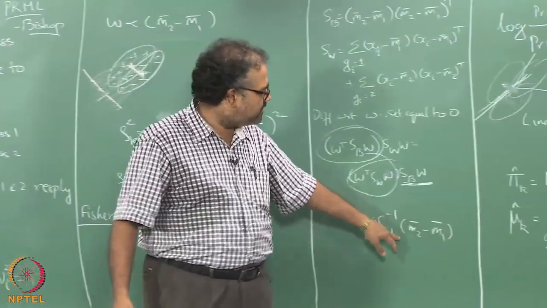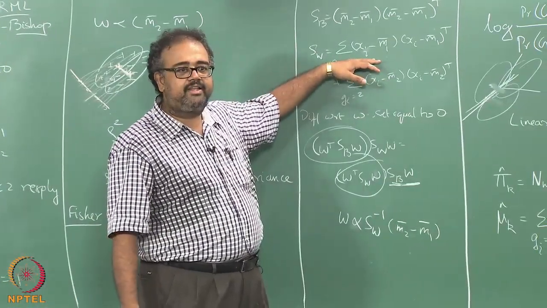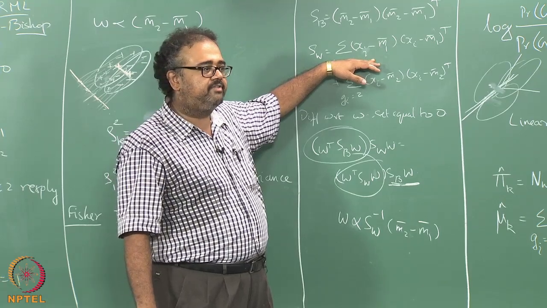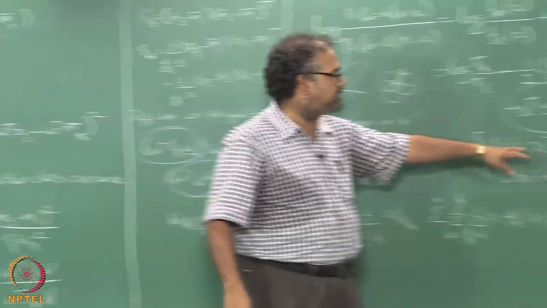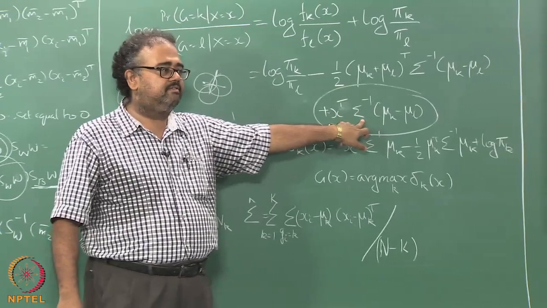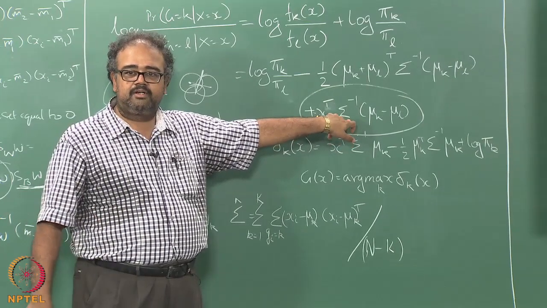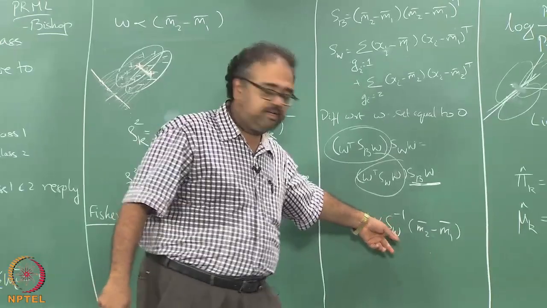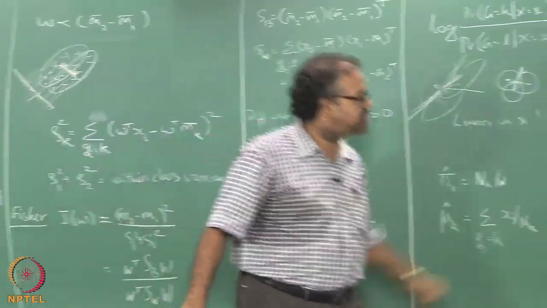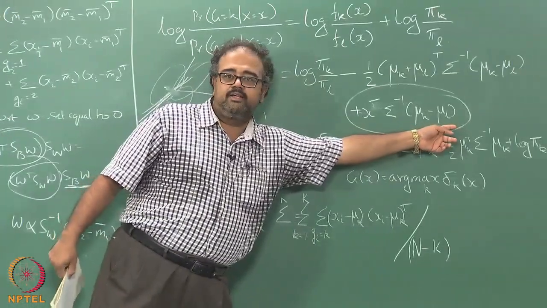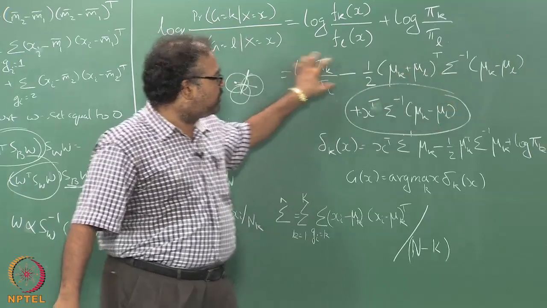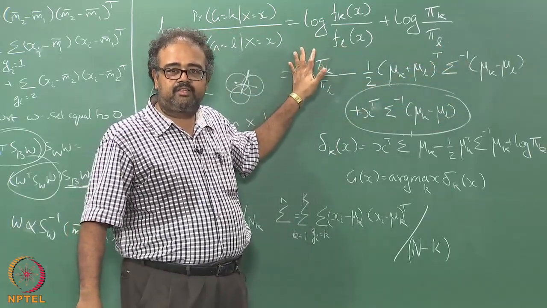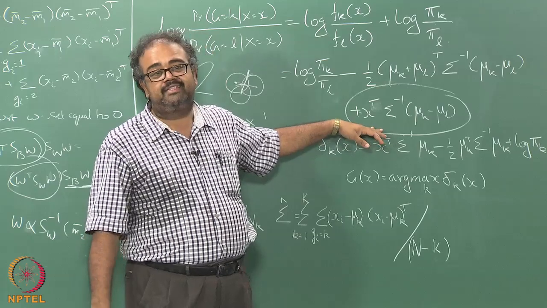SW inverse is just taking the variance in the data, the within class variance. So sigma, if you remember, is the within class variance matrix. So that gives me sigma inverse here, and I got the sigma inverse here, and then I have m2 minus m1 and I have mu k minus mu l here. So essentially, modulo all of these other non x related terms, we are finding the same direction.